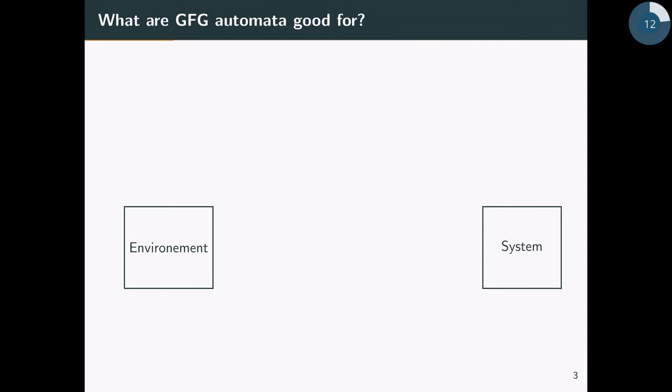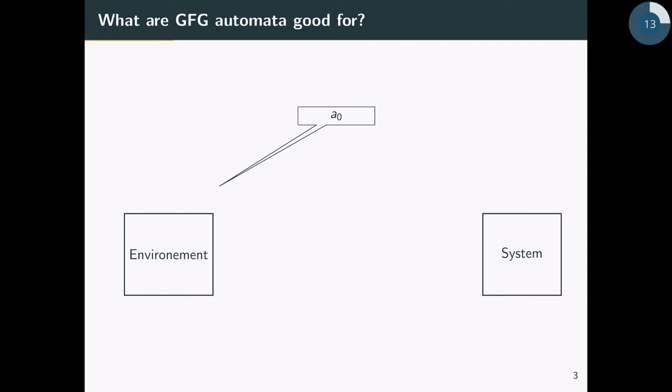However, before we get there, let me tell you a little bit about what good for games automata are good for. To give you a little bit of motivation, I'll show you a game that is easier to solve using good for games automata than arbitrary automata. Consider the following two-player game. We have one player representing an environment that is potentially hostile, and one player representing the system.